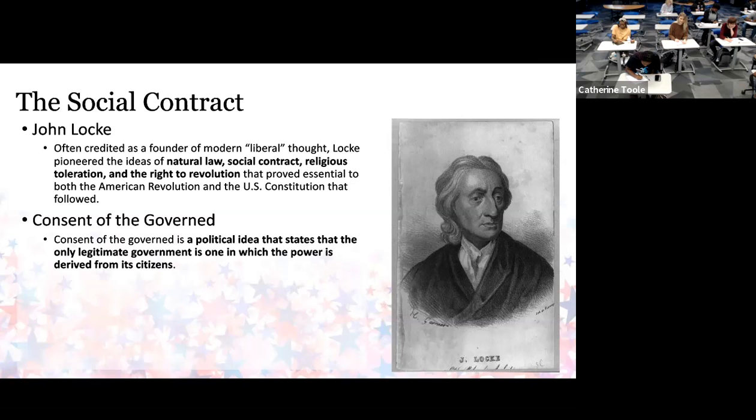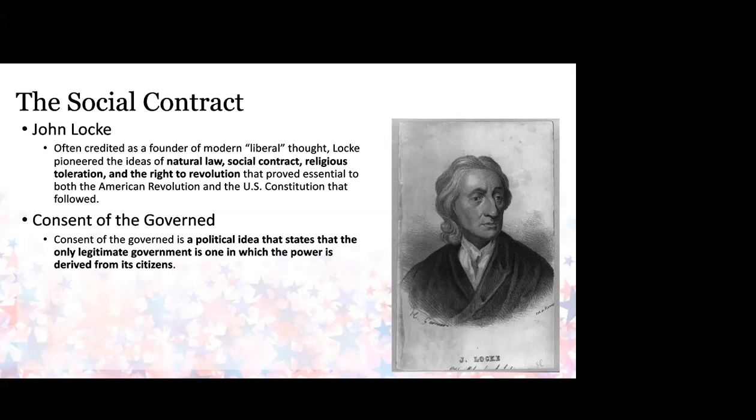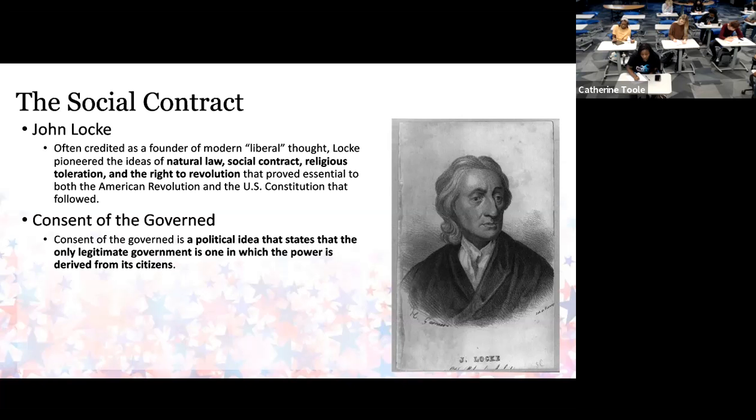So this goes all the way back to John Locke. He was a philosopher in I think the 17th century, and he developed an idea called the social contract. And so the idea of the social contract is the idea of self-government, that the government should be at the will of the people, not like the divine right, what they always had in Europe before that.